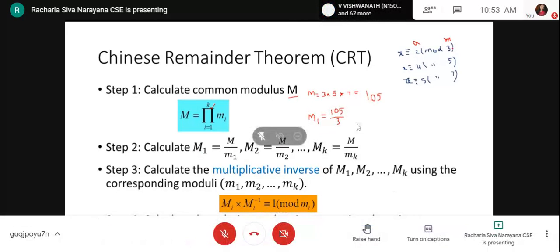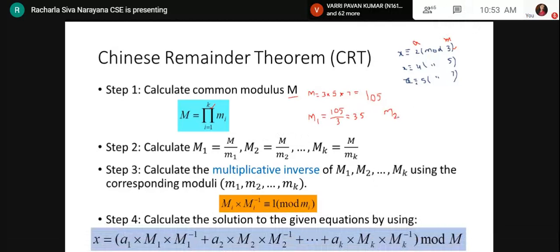So capital M1 value is 35. Like that, capital M2 is calculated by 105 by 5, so 21. Next, capital M3 is 105 by 7, so 15.